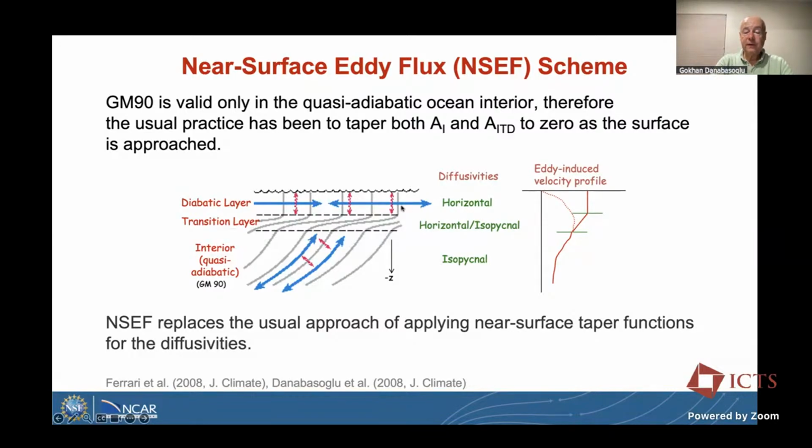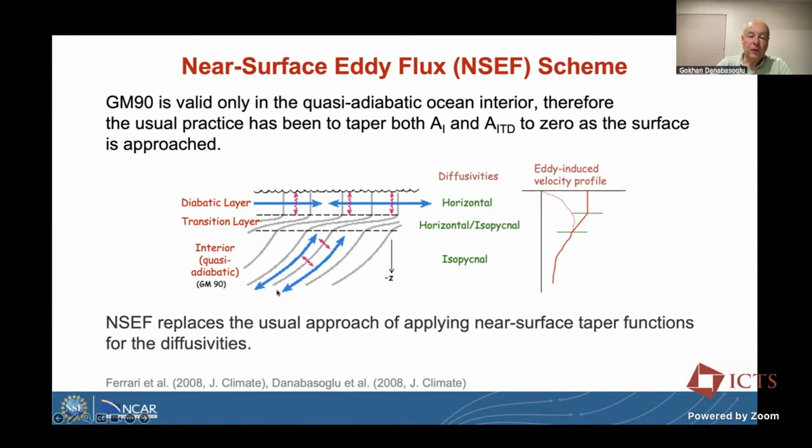The idea here is that, as I indicated earlier, the GM90 parameterization is valid for the adiabatic interior of the ocean. So we end up artificially tapering the impacts of this parameterization near the ocean surface. And that's not necessarily the right thing to do. Simply at that time, we didn't know how to treat it better.